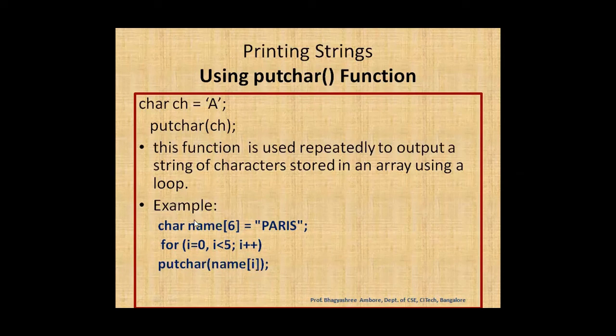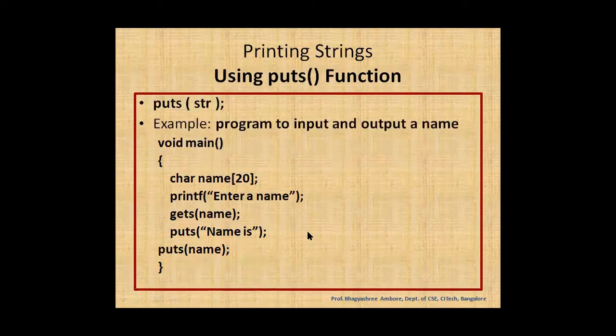First time it will print name[0], that is P. name[1], that is A. name[2], R. name[3], I. name[4], that is S. It will print character by character. When the loop i value is 0, it prints P. When it increments to 1, it prints name[1], name[2], name[3]. So character by character, it prints until there are characters in this array. So I hope putchar is also clear.